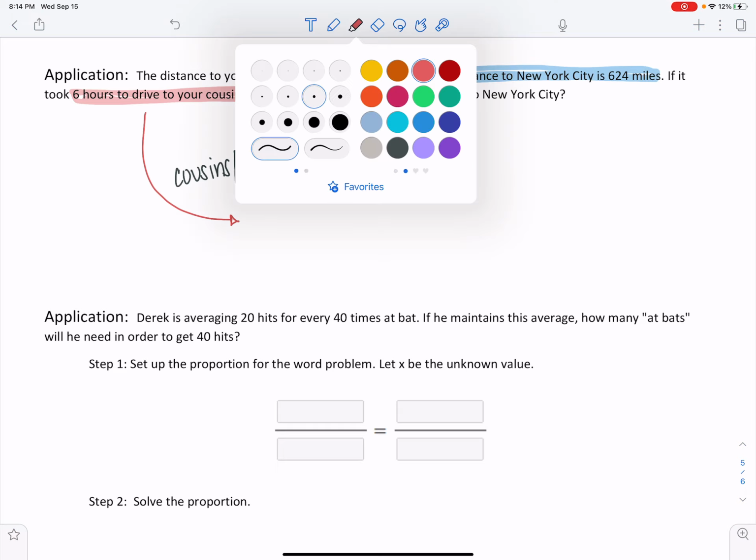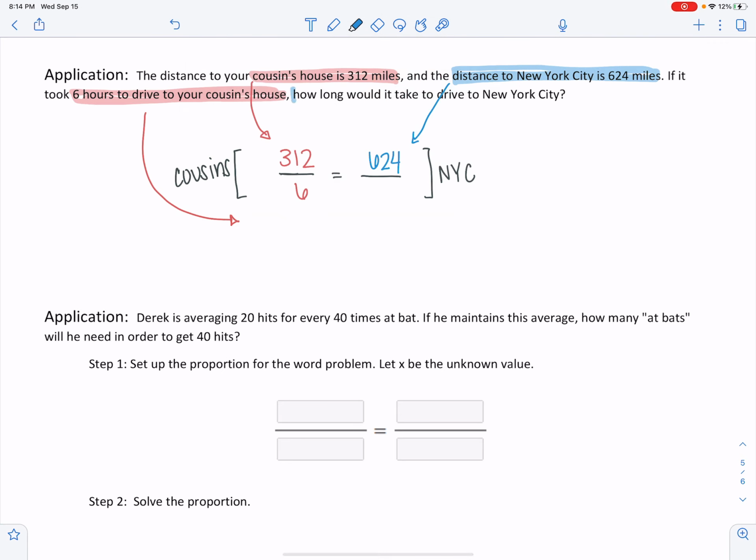So how long is going to answer a question, which means I don't know that value. And so in algebra, if we don't know a value, we're going to call that x. And so I've set up the proportion. I need to solve this for x because x is going to answer the question, how long?